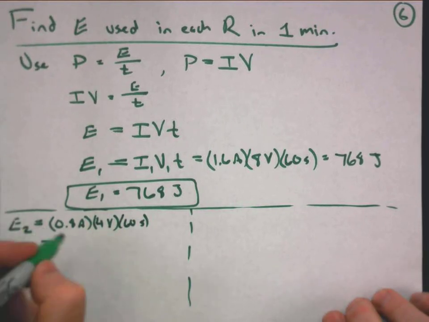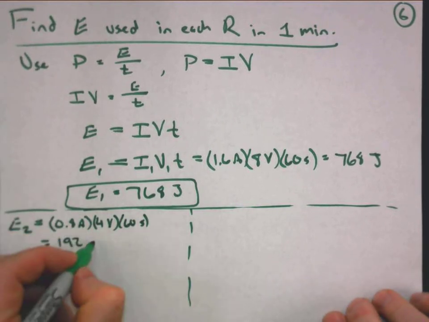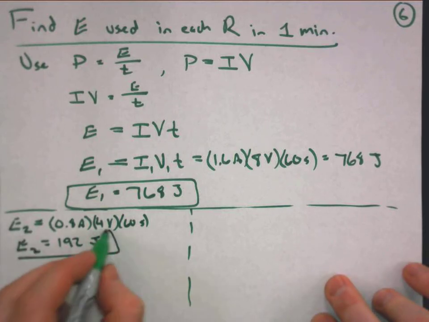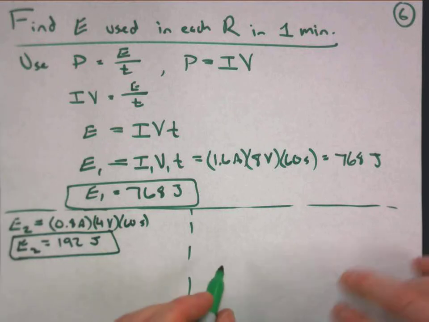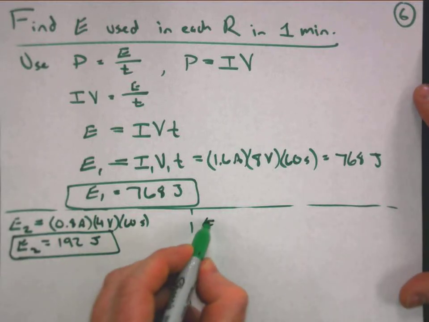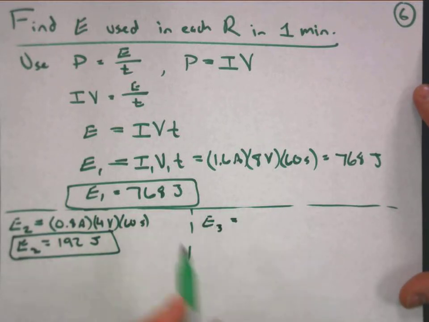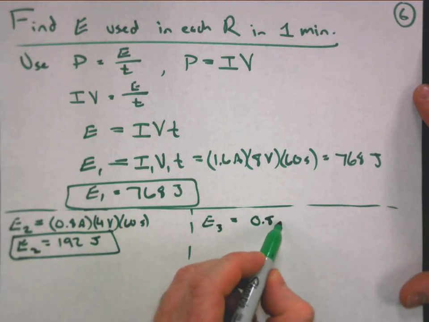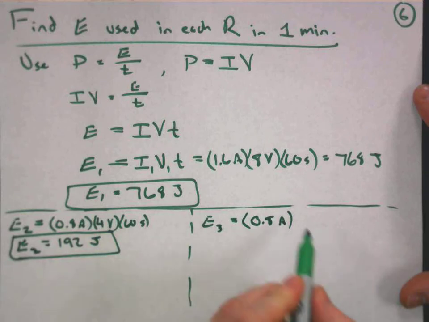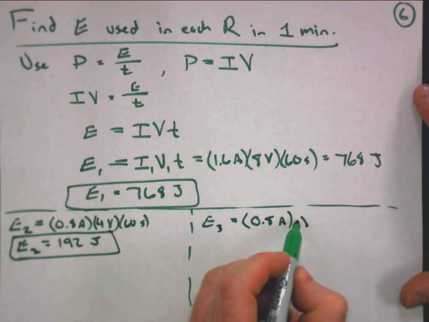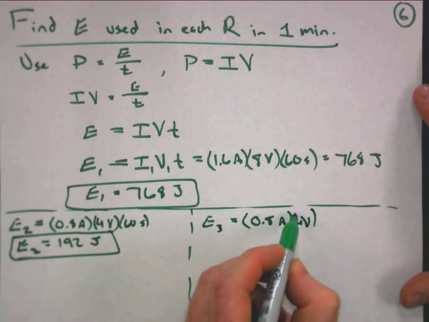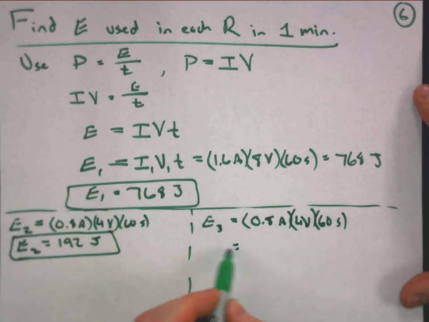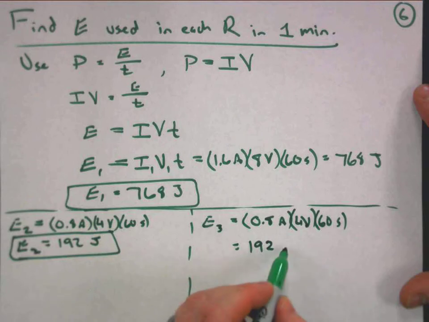So when I do that, 192 joules, that's E2. It's starting to get easy. I'm starting to see all this. Energy dissipated by resistor 3, same equation. The current through R3 was 0.8 amps. The voltage drop of R3, I need a 4 volts. And the time is still 60 seconds. 192 joules.